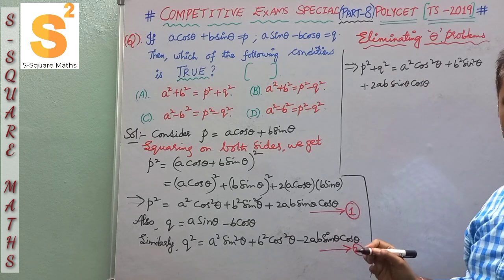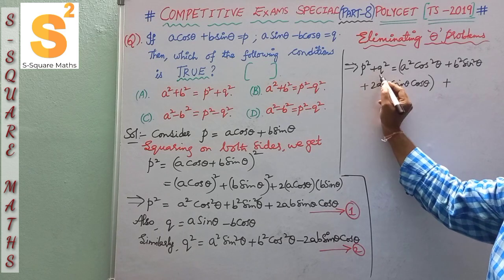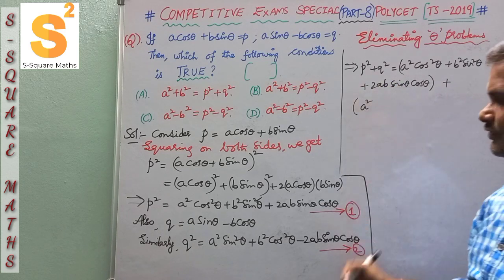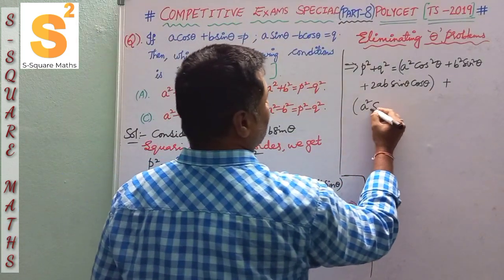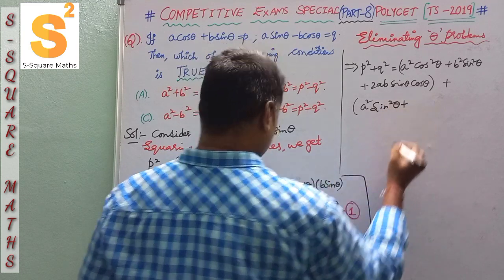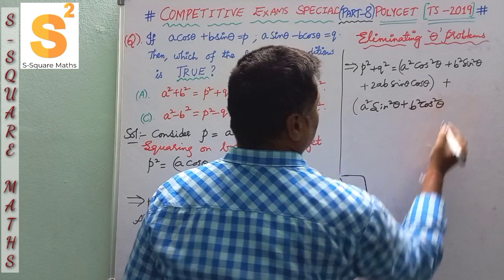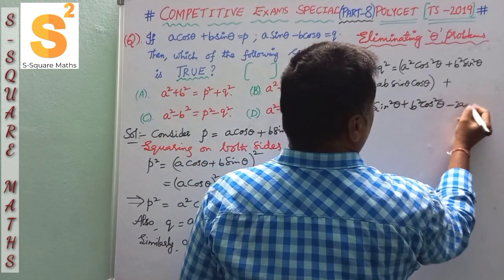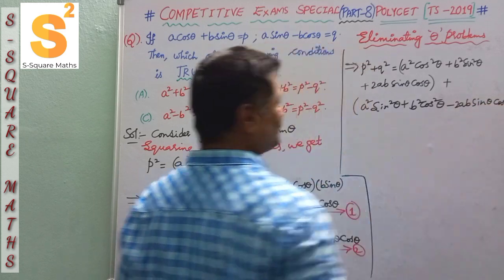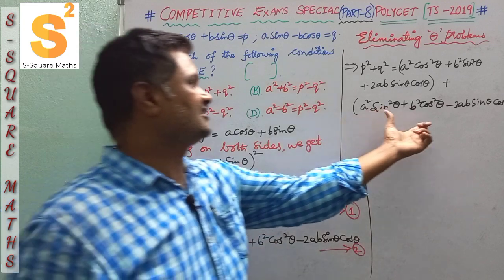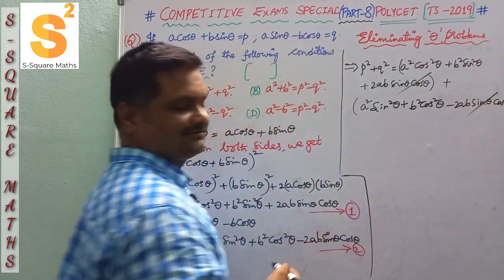Now I am writing Q square: A square sin square theta plus B square cos square theta minus 2AB sin theta cos theta. If you observe carefully, this is Q square and this is P square, so the 2AB terms have been eliminated.